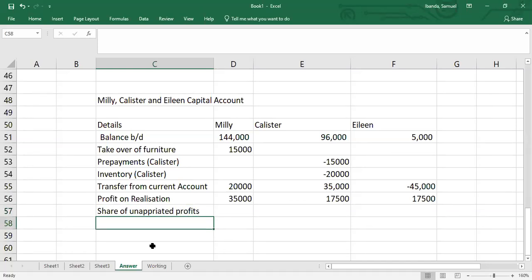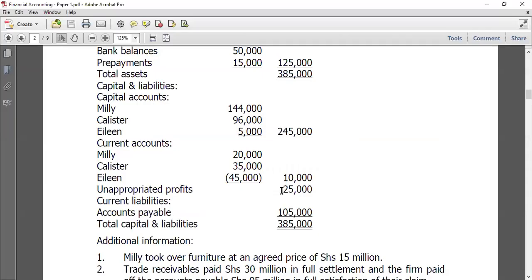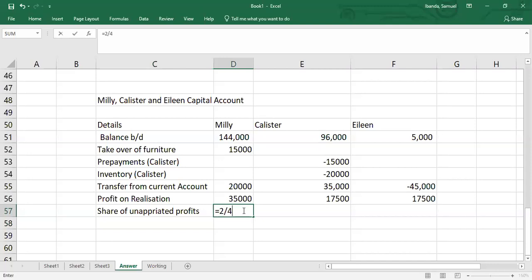And remember, our sharing ratio is 2 to 1 to 1, okay? So basically Millie will get 2 divided by 4 times 25,000. And this will be 1 divided by 4 times 25K. Then this will be 1 divided by 4 times 25,000, okay? So that's what we basically have.